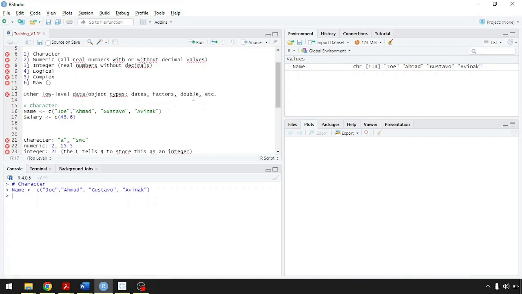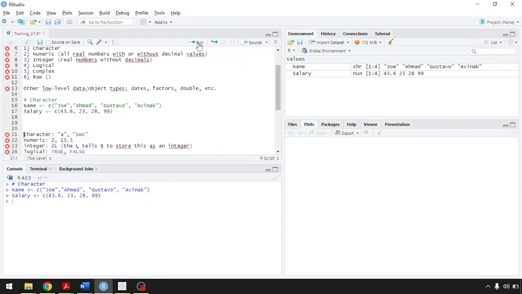Somebody will be making 45.6, somebody else 23, somebody else 28, somebody else 99. As you can see, I actually added a decimal value here so that I can save this variable as a numeric value. Otherwise, it would have been an integer, and I'll explain what integers are in a second. Bingo. So the salary variable has also just been saved.